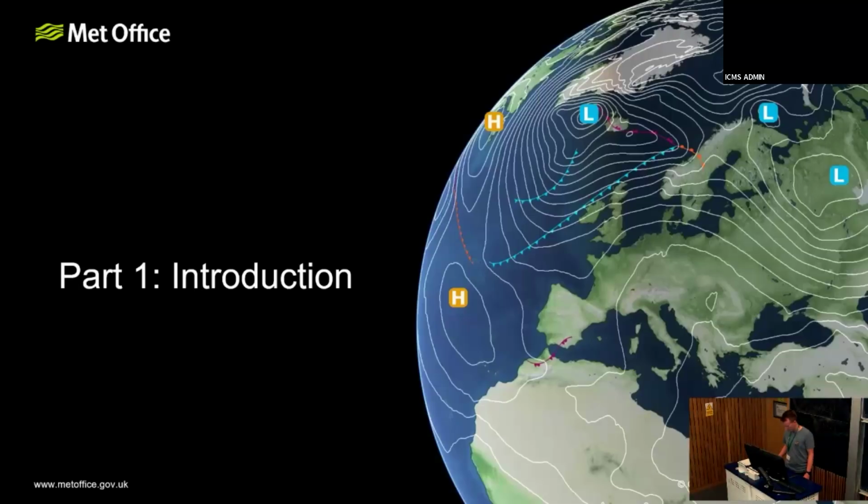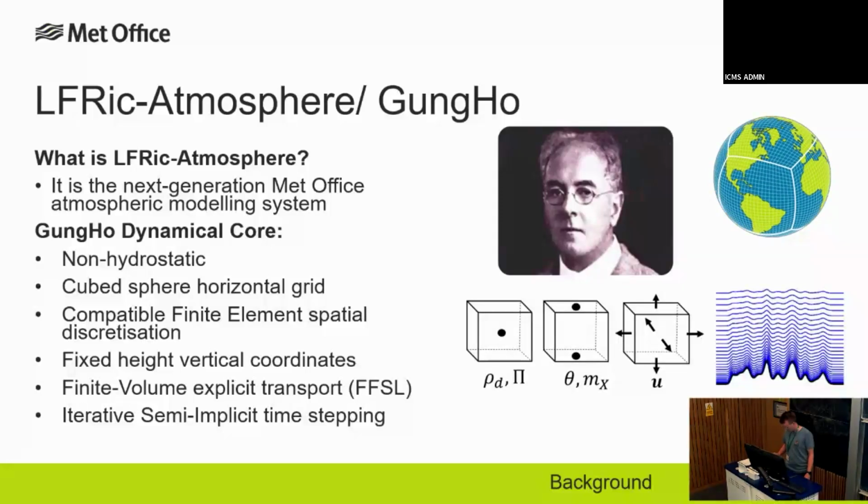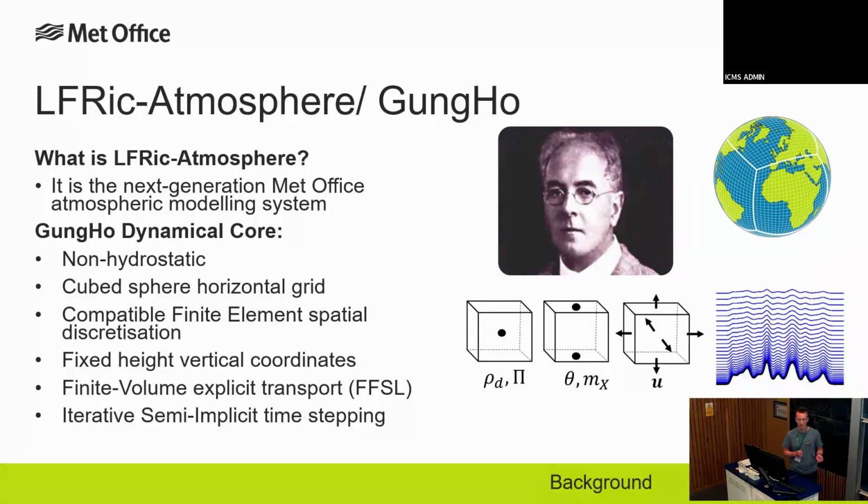Okay, part one. LFRic Atmosphere and Gung Ho. So our next generation model, so the previous one is called the Unified Model and the new one is called Momentum now, but the atmospheric component is LFRic Atmosphere, and at the heart of it, the dynamical core that solves the compressible Euler equations is Gung Ho.